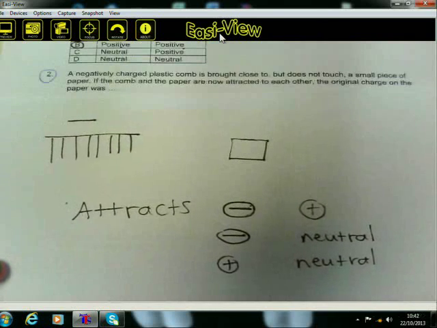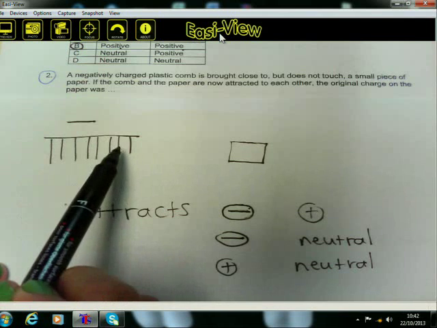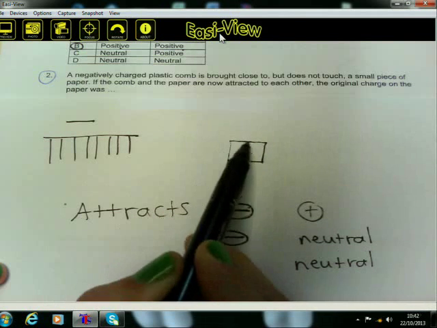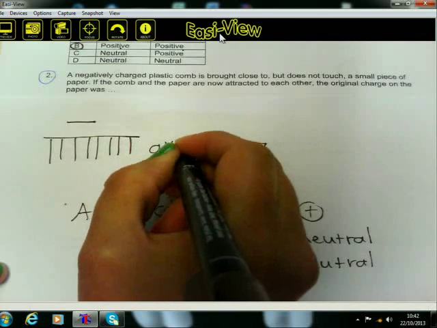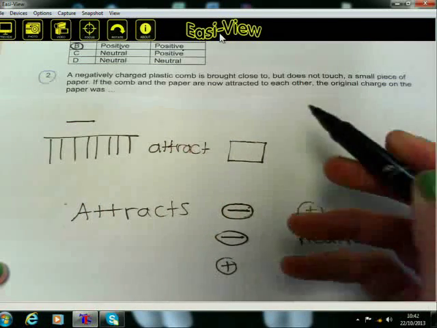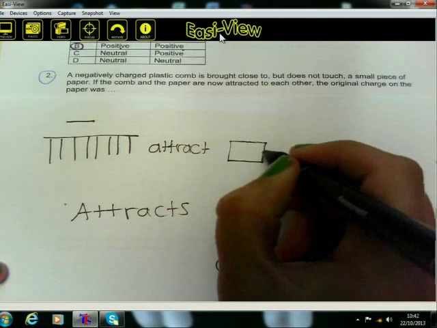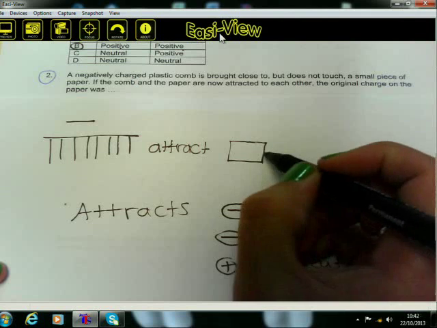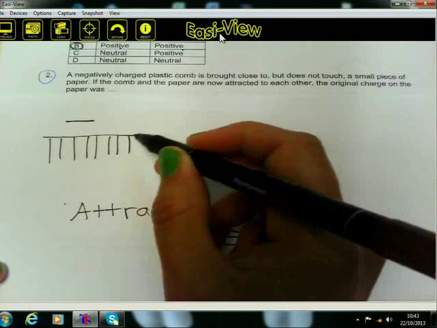So the problem says the comb is charged negatively. We don't know the charge of the paper, but we know that they attract each other. So what must the original charge on the paper be in order to be attracted?